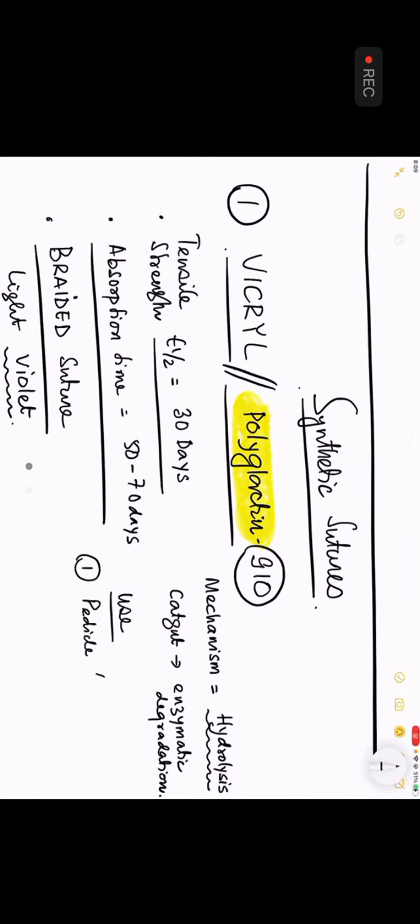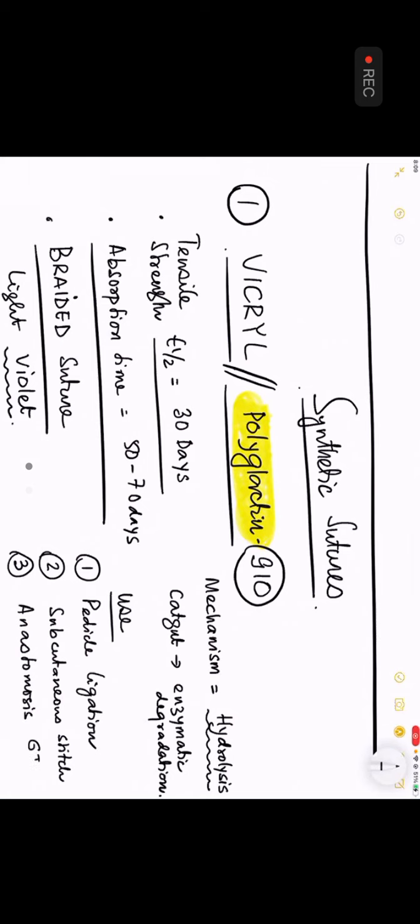From pedicle ligation, number one, subcutaneous stitch, number three, anastomosis in the GI tract, number four, muscle approximation.